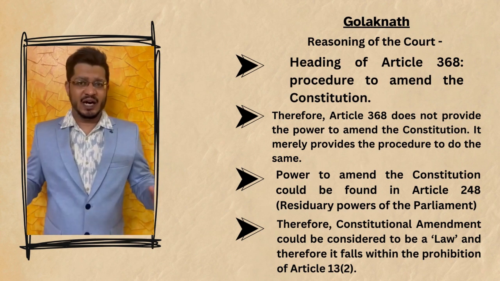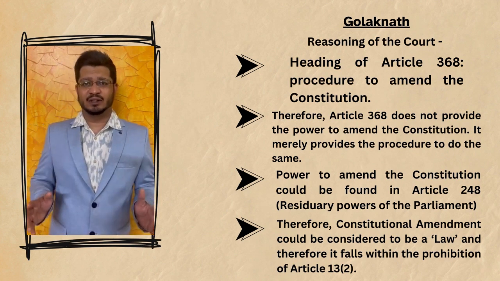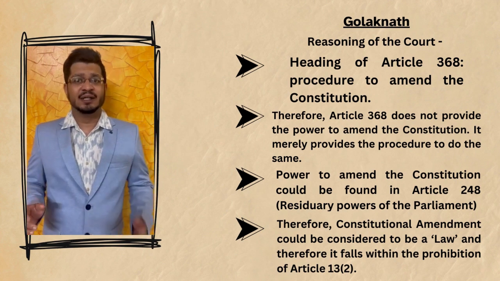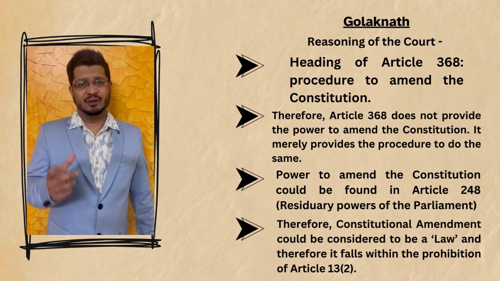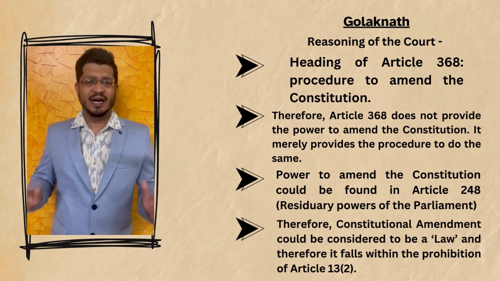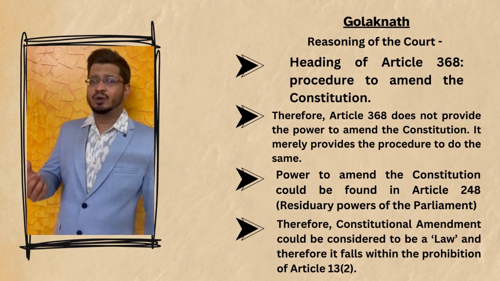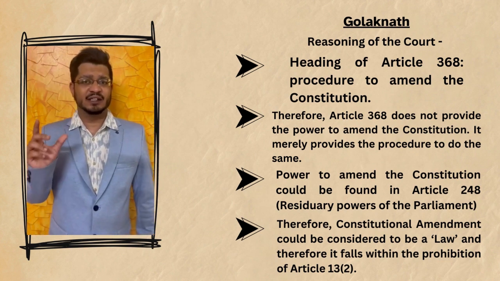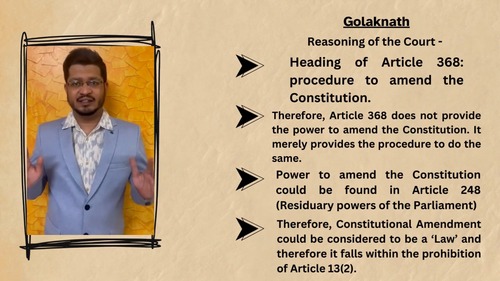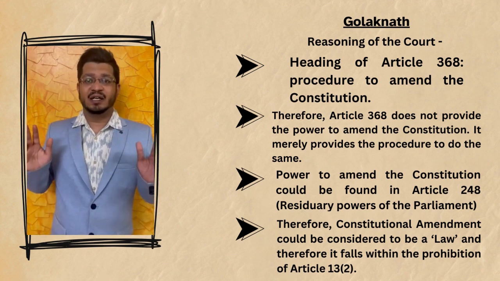It did not speak at all about the power of the Parliament as such to amend the Constitution. Therefore, Chief Justice Subba Rao was of the opinion that the power to amend the Constitution is not found in Article 368. Instead, he held that the power to amend the Constitution could be found in Article 248, which describes the residuary powers of the Parliament. Now, we have discussed the residuary powers of the Parliament in our lecture on center-state relationship.